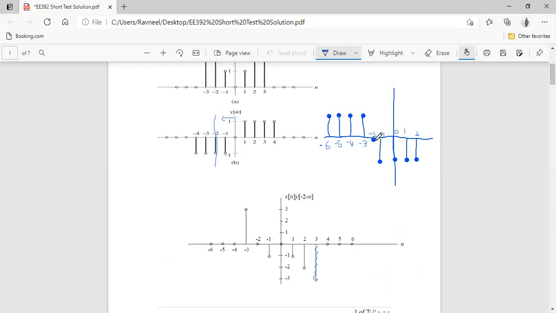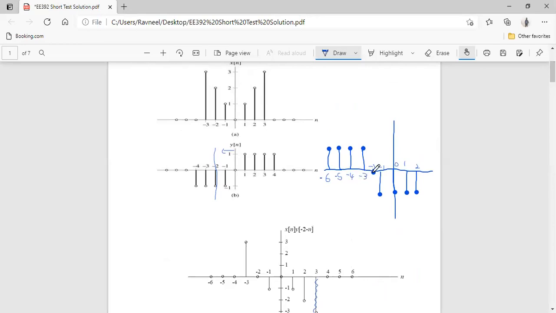Then at -2, we have a value of 0 in this case over here, and over here we have a value of 2. So 2 multiplied by 0 gives me 0. Likewise, you do it for the rest of the points. You end up getting these points up till 2, because after 2 there are no other points present in this graph.